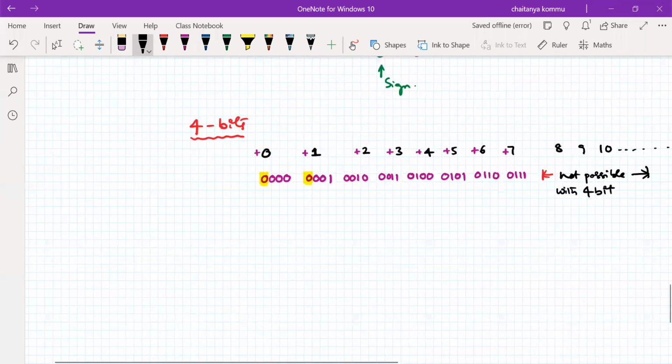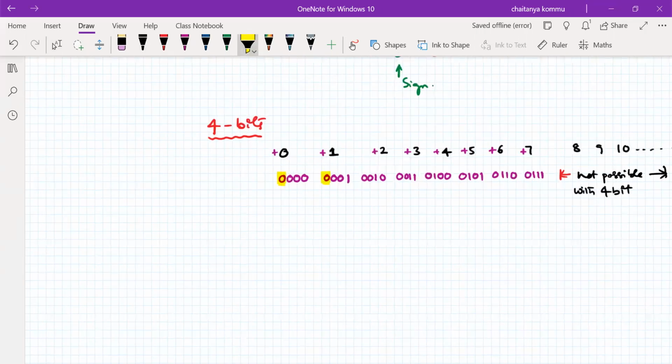So the maximum limit is available only here. This is the sign representation. So we have only this maximum value as the possibility.